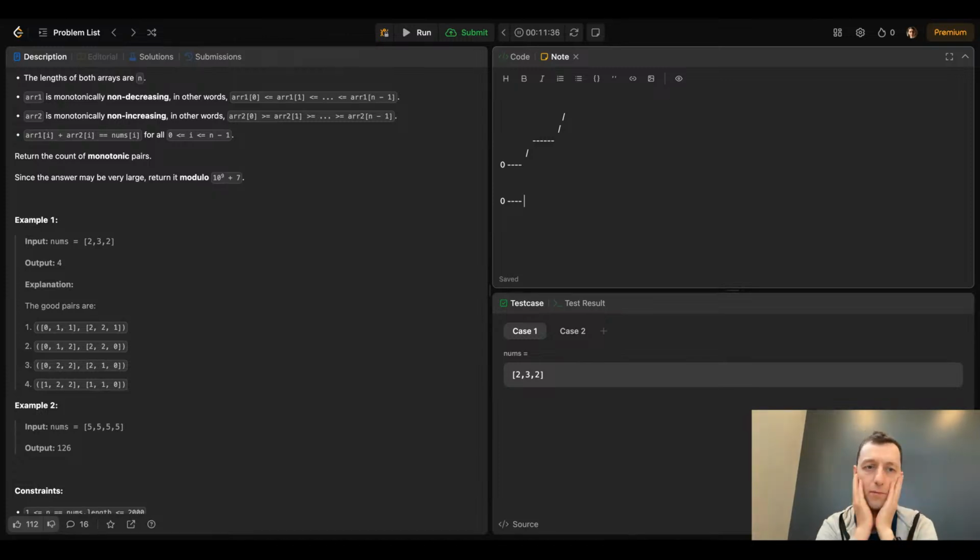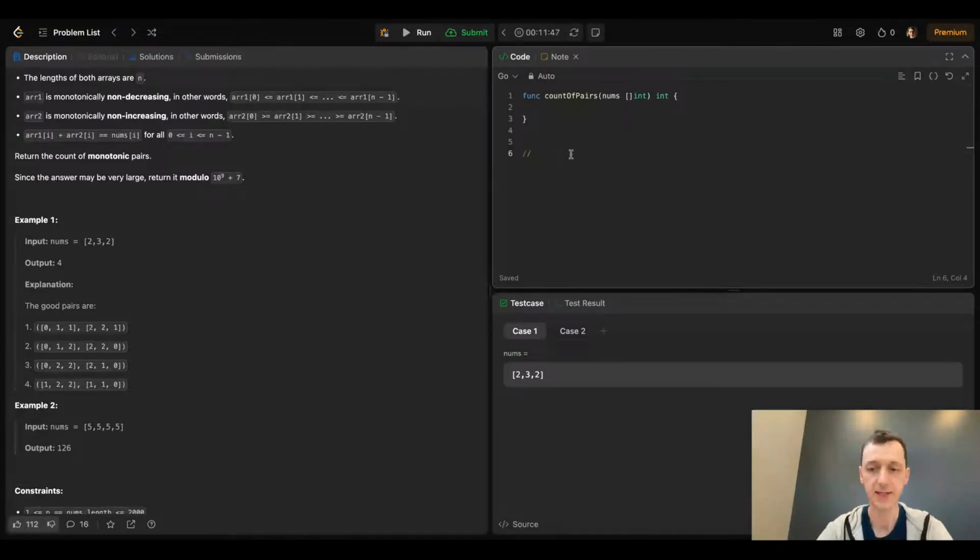Let's see. So basically when we add this and that, it has to be in total, for this test case, 2, 3, 2.